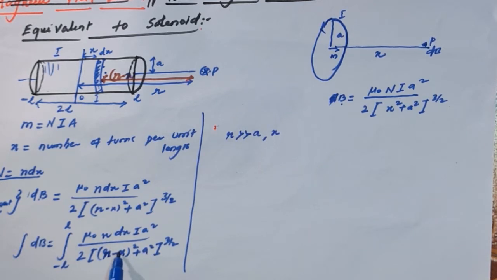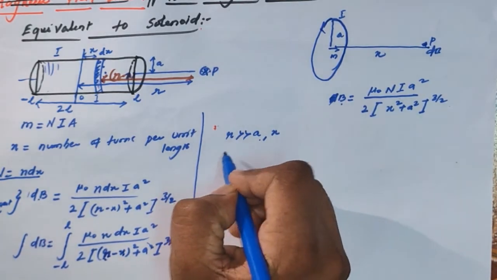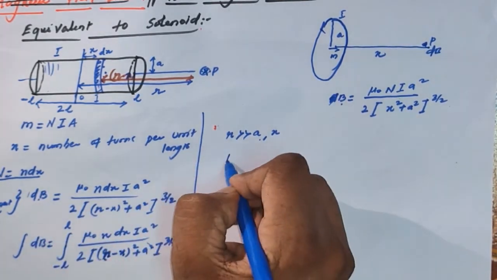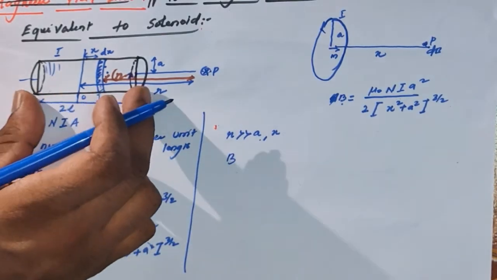Because most of the contribution comes from the distance r, which is much greater than a and x, we can neglect x as well as a, because a small contribution will come from both the terms.